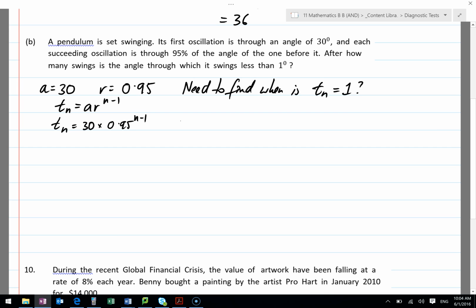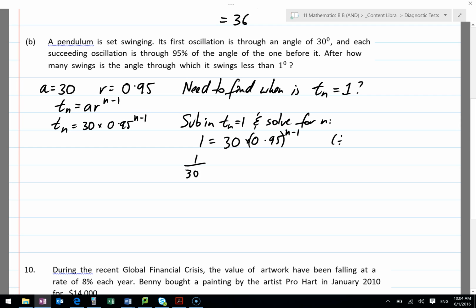Okay, so I'm going to sub in Tn equals 1. Okay, and I'm going to solve for n. Okay, solving this using logs. A few different ways you can go about solving it. I'd divide both sides by 30.